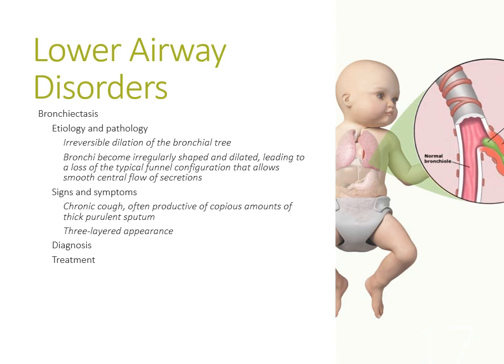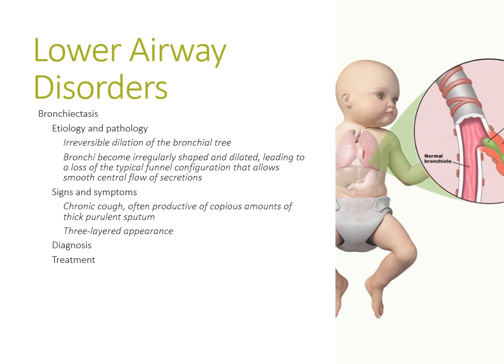Also, the cilia are destroyed, and this leads to difficulty mobilizing secretions. The secretions become infected and they pool, and as they pool, they destroy more and more of the bronchi.